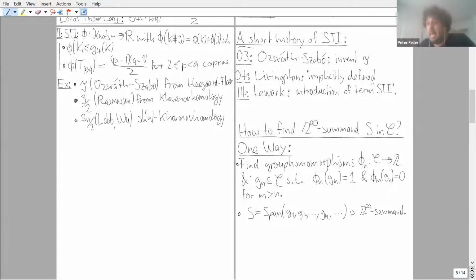And actually, Lobb and Lewark went on and produced variants of these sl_N things. They choose some potential, some polynomial. That's due to Lewark and Lobb.